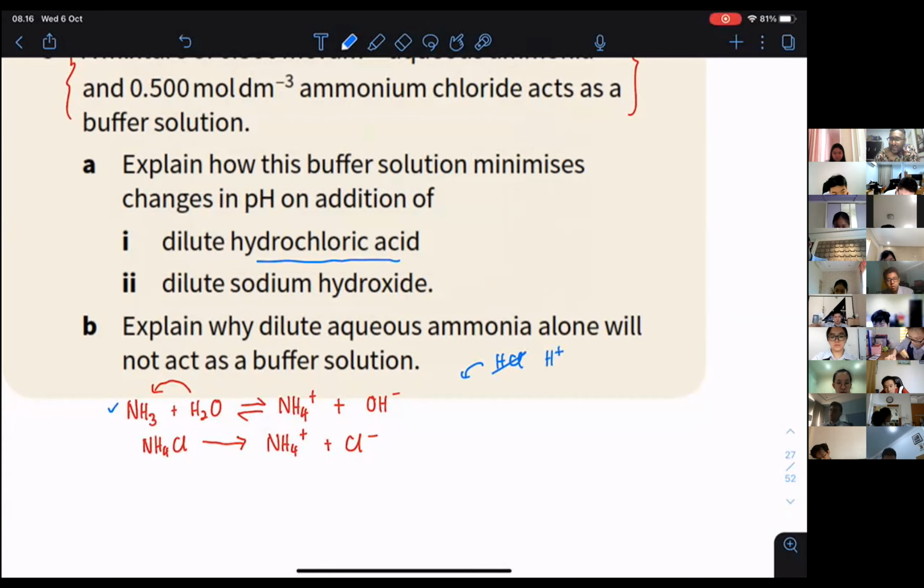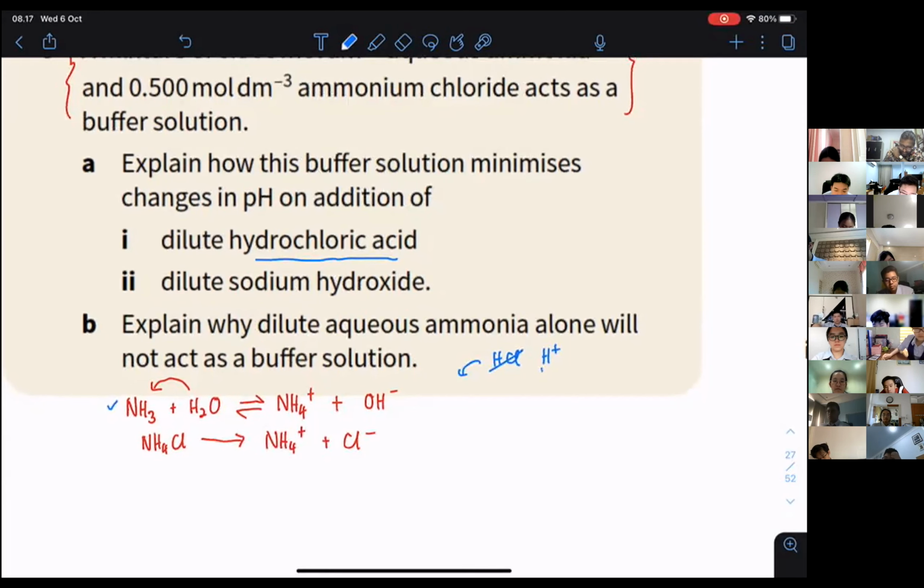You don't go and add H plus with ammonia. Don't do that. The H plus, because they dissolve, you go and attack this one, like just now. When you add H plus, it will react with the OH minus, and it will give you water.